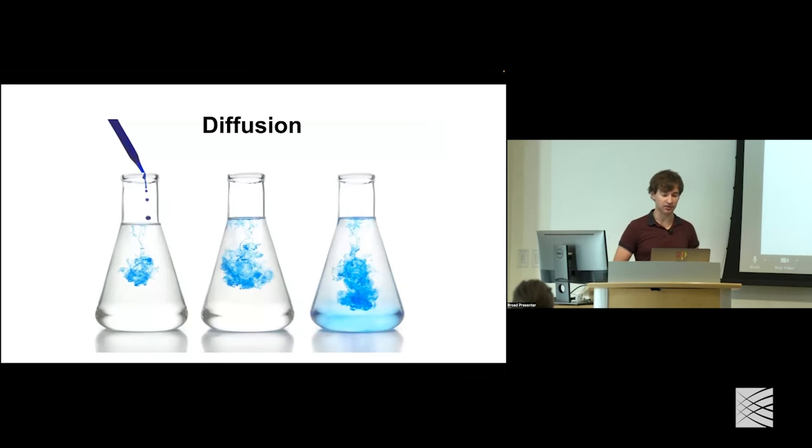But on top of the inherent stochasticity, there's also a deterministic component. In this case, that deterministic component is provided by gravity, right? Gravity points down. So even if I repeat this experiment 100 times, this cloud of dye is moving down. We'll see that in each and every one of these experiments.